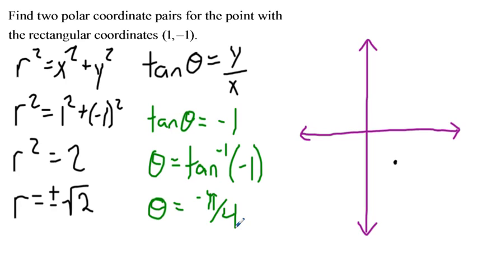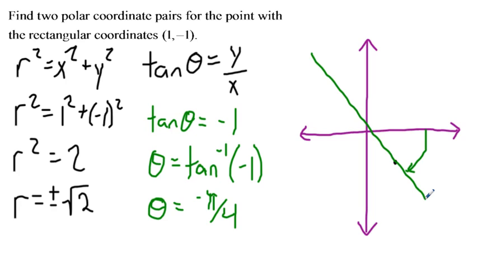Now we need to find the two polar coordinates that align with (1, -1). If we start with our polar axis and open up to negative π/4, we would get to a segment that goes through the point we already plotted as a reference. Not perfect, but you get the idea.